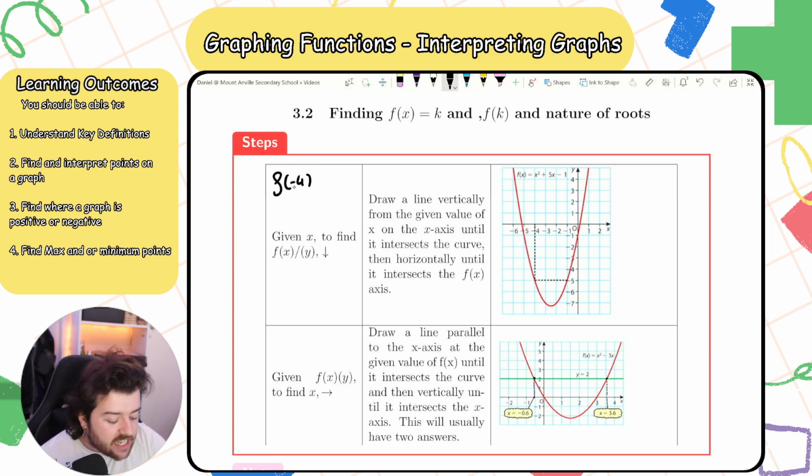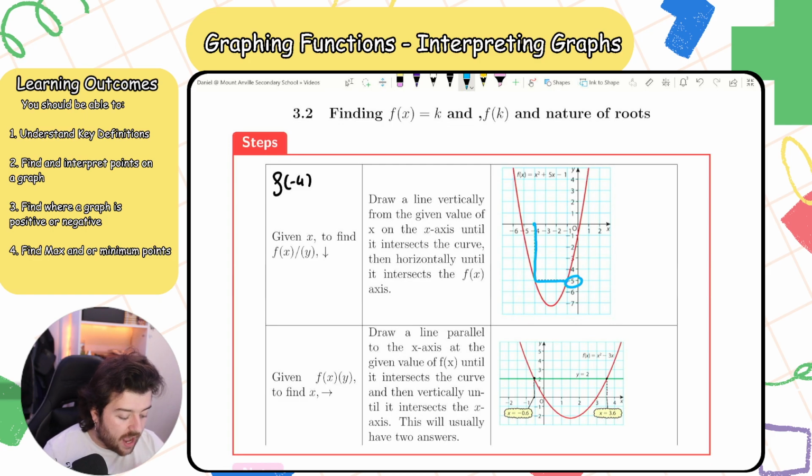If I'm given my x value, I just go to my graph. I go to -4 on my x-axis, which is here. Then you just go up or down, depending on where it'll hit the graph. So you go down, and it, bing, hits the graph there, and you go over and read the corresponding value, which is, in this case, 5.